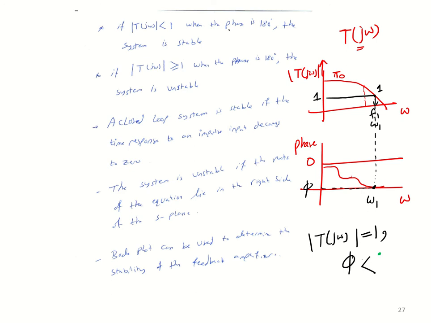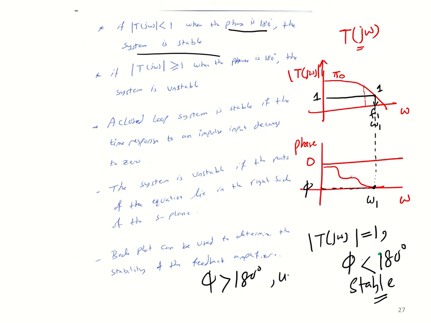So we will be checking that the phase should be less than 180 degrees. For this case our system will be stable. And if the phase is greater than 180 degrees, your system will be unstable.